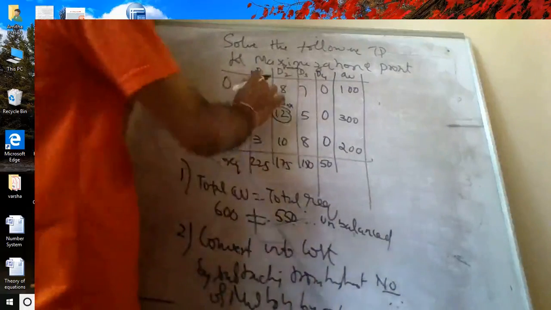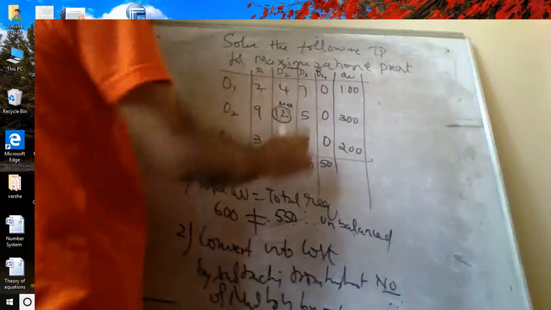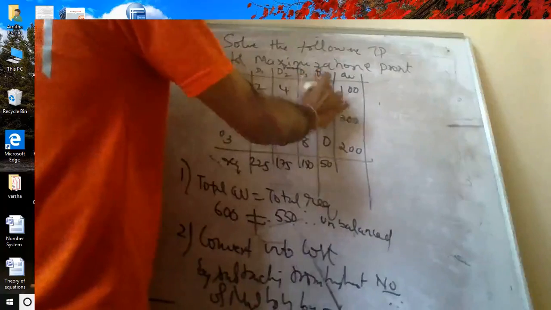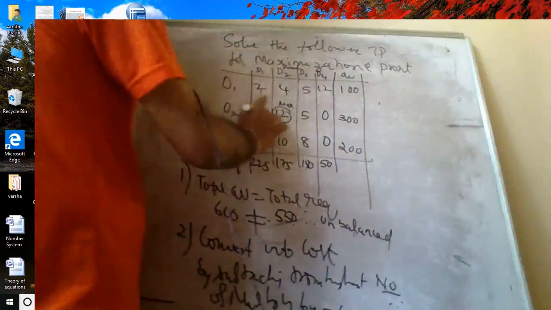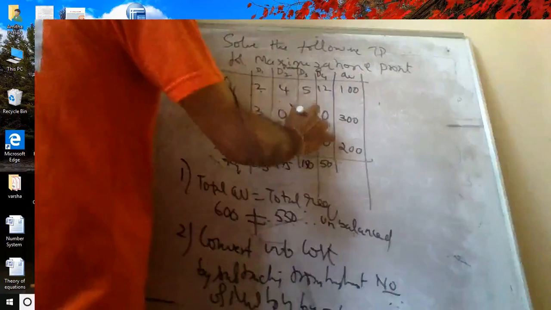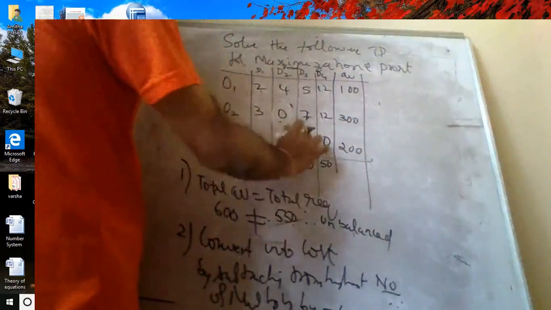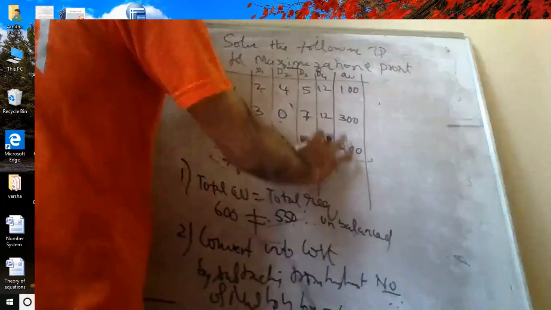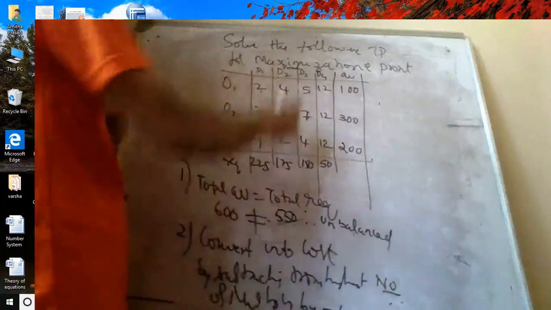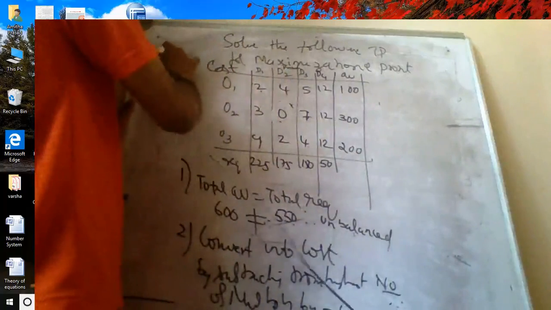So 12 minus 10 is 2, 4, 5, 12. 3, 0, 7, 12. 9, 2, 4, 12. So this is the cost. The original is profit. Please remember.